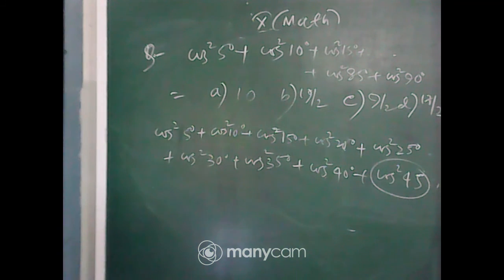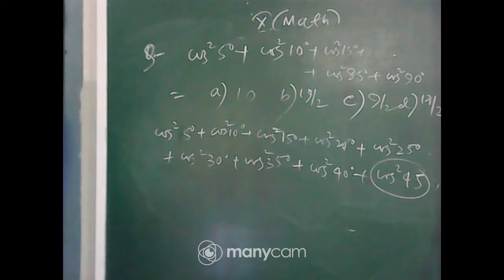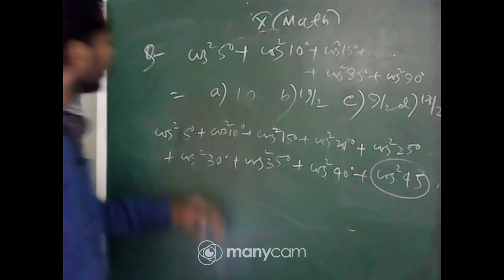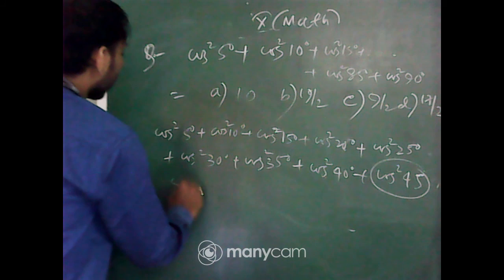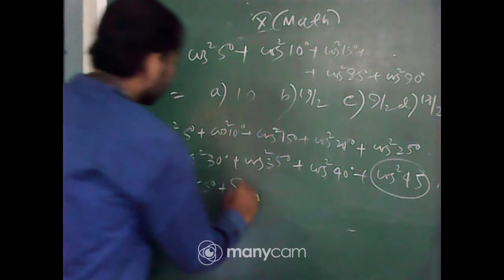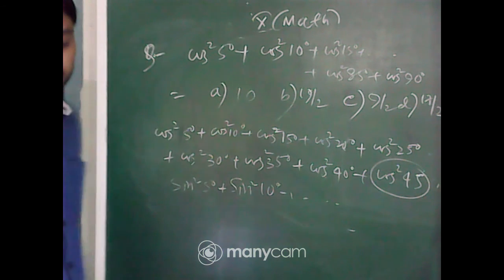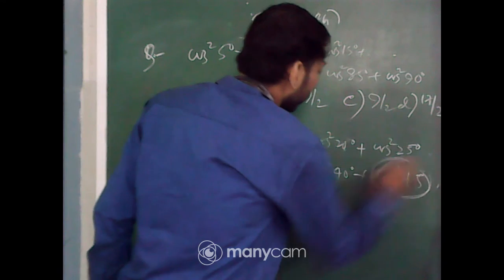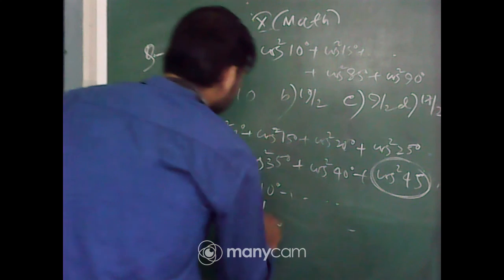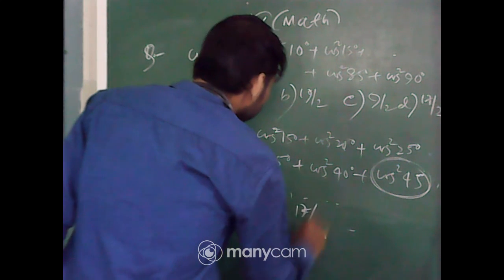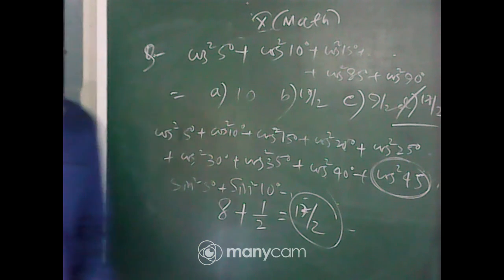Before cos square 45 degree, there are 1, 2, 3, 4, 5, 6, 7, 8 terms, so there will be 8 pairs. Another 8 terms will be present here, that is sin square 5 degree plus sin square 10 degree, in this way. So 8 pairs give you 8, plus cos square 45 degree, that means 8 plus (1 by root 2) whole square. This is 8 plus 1/2, that is 17/2. Yes, 17/2 is the correct answer. So option D is the correct answer.